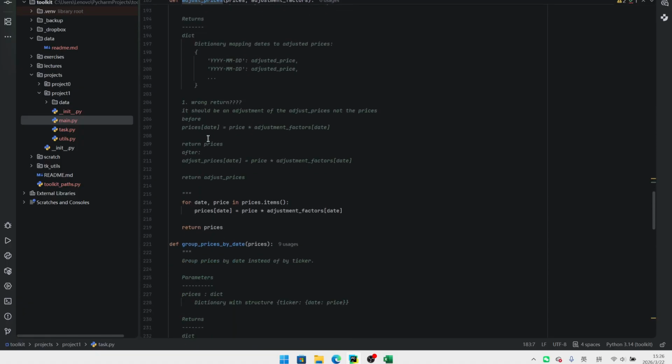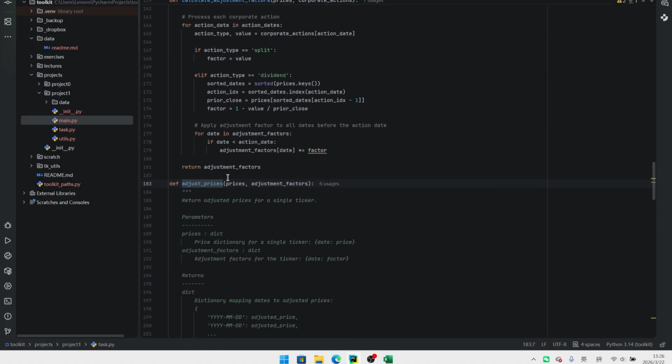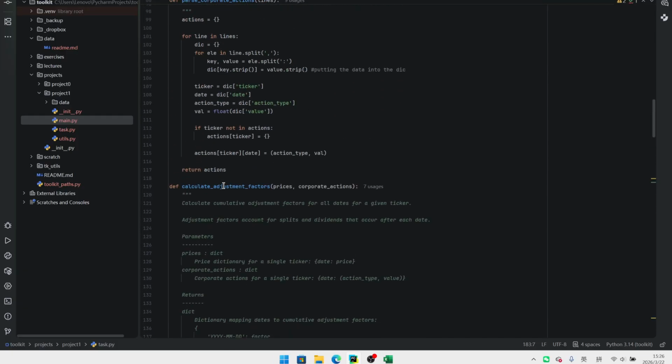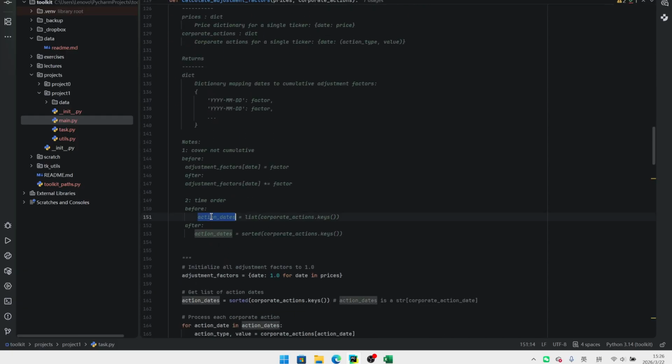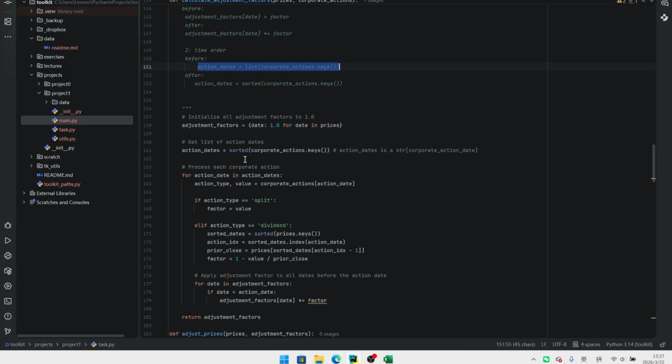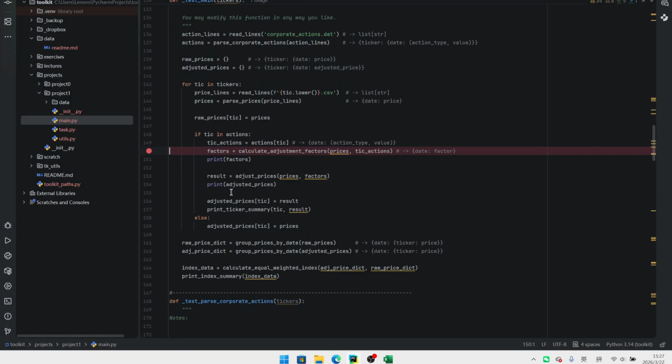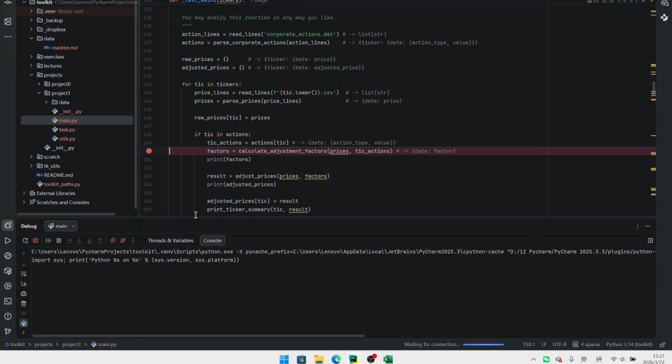Control Z. Now adjustment schema. We need to adjust the factor first. Equals list. No worries for that. And we just replace this and set a plan. Now setting a debugging here, breakpoint here.